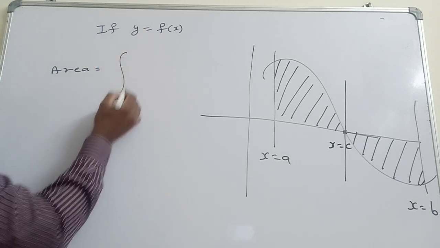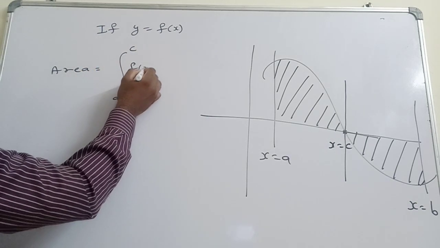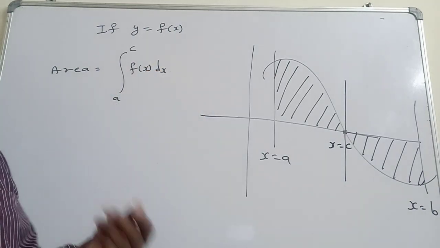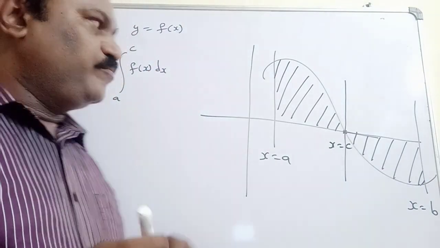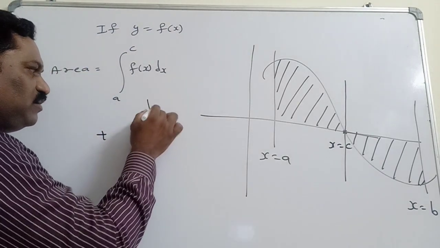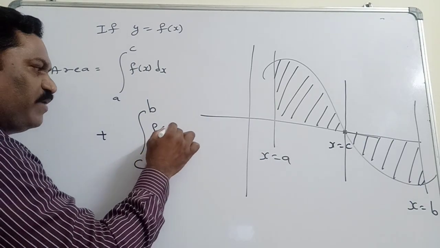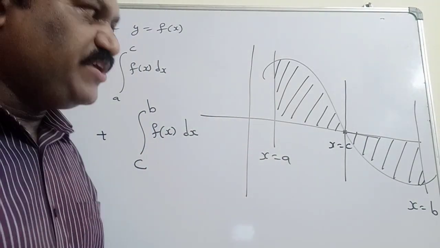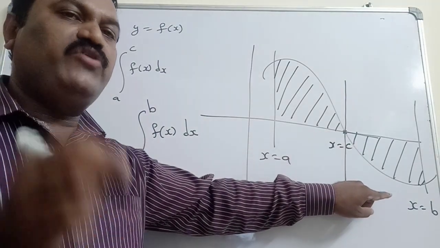One is from a to c, f of x dx, where we find the area which lies above the x-axis. This area obviously we are going to get as positive, plus from c to b, if you find the area bounded by that curve with the x-axis, since that curve lies below the x-axis, this area we are going to get as negative.